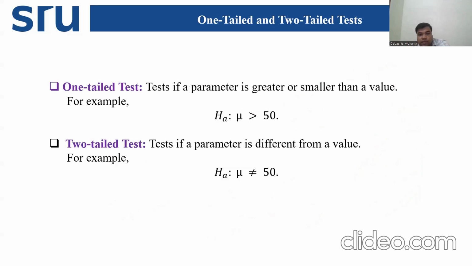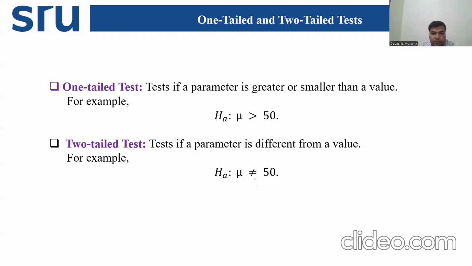Right, students? I have already shown you in the previous lecture about the one-tail test and two-tail test. It is also very essential in hypothesis testing. So how can we predict whether the hypothesis test is a one-tail test or a two-tail test?